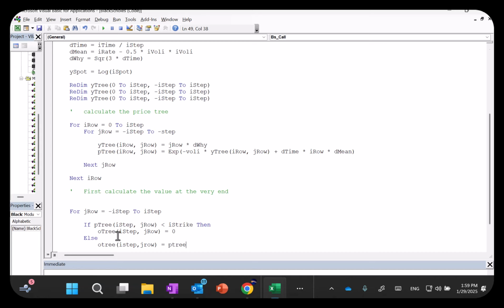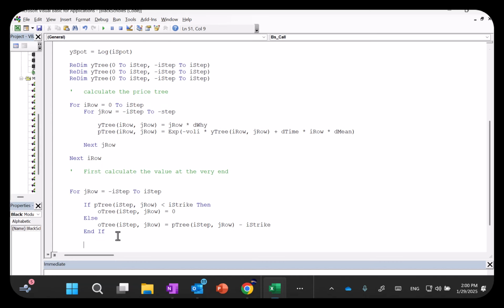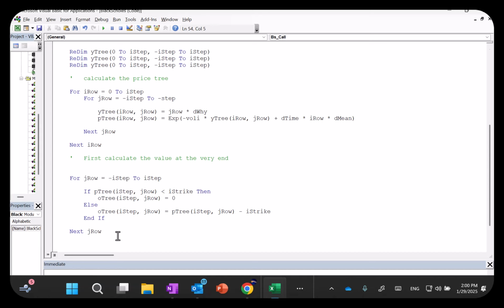So P3, that gets us done with the last step. We're done with that. Now we know what would happen when the option expires. Exactly. If you tell me the price, I'm going to tell you the value.